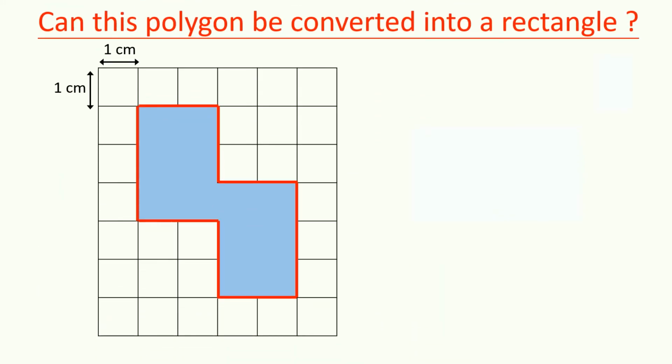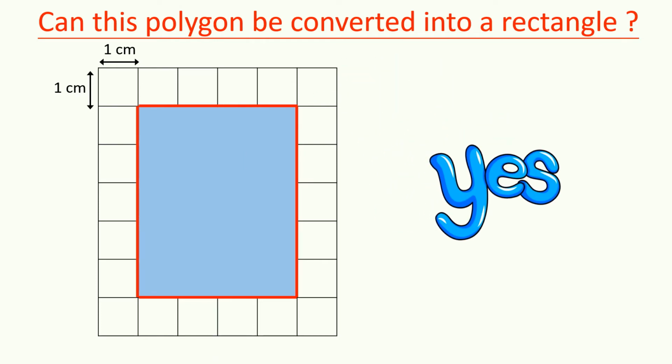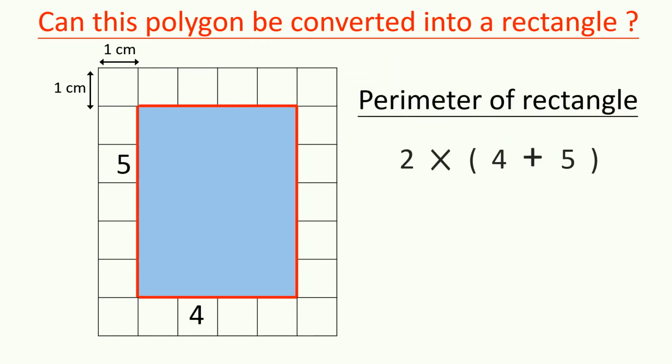Can this polygon be converted into a rectangle? Yes. Applying the formula, the perimeter of this polygon is 18 centimeters.